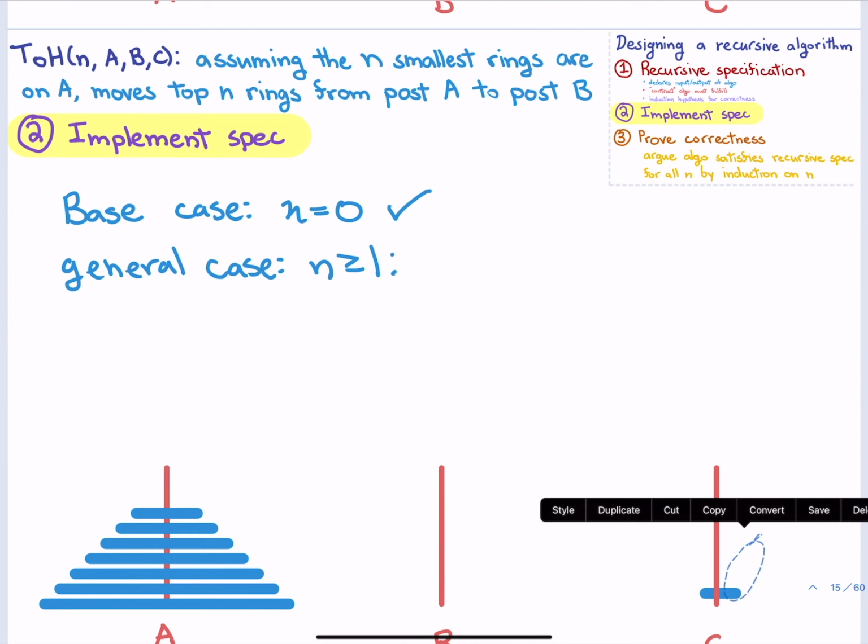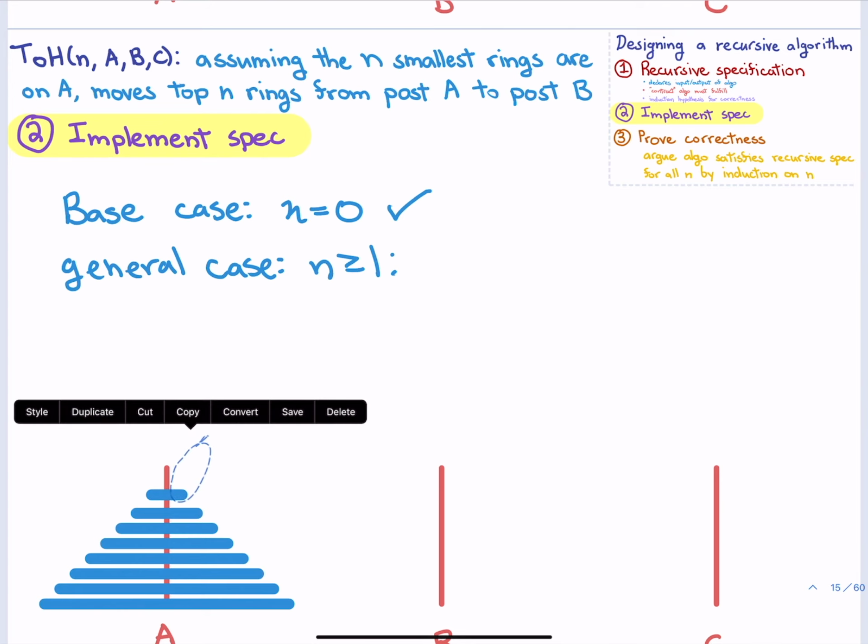If n is one, that's true. If there's only one ring, then moving it from A to C wouldn't work. But that feels more like an observation, a counterexample of something we can't do directly. All right, let's be more general.